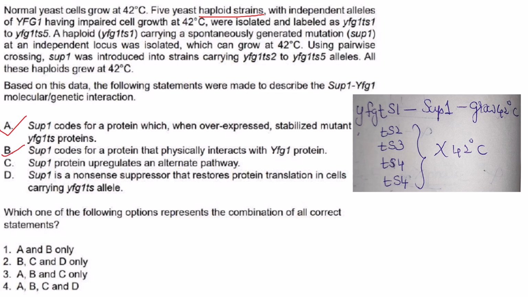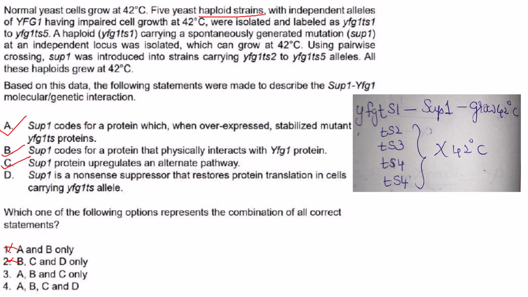Then SUP1 protein upregulates an alternate pathway. Then SUP1 is also acting on another pathway and upregulating the production of proteins by that pathway, thereby compensating for the YFG1 mutation and allowing the cell to grow at 42 degrees Celsius. That is also correct. So A, B, C are correct, that makes option 1 gone, B gone, second also gone.